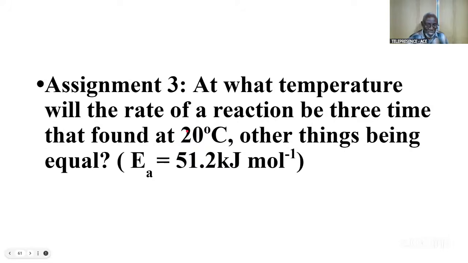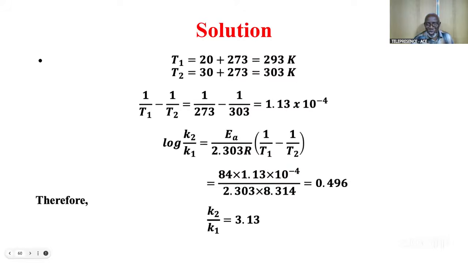We know Ea, we know T1. We don't know the temperature of this, but we have the activation energy. We know this will be 3 times that, so you can take the log of 3. From that, you can calculate the temperature. You can calculate T2, which is what we really wanted to do.